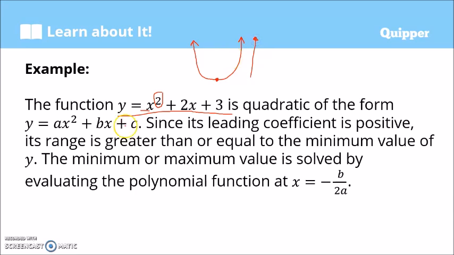And so, we can solve for the minimum or maximum value by evaluating the polynomial function at x equals negative b over 2a. Again, x equals negative b over 2a.